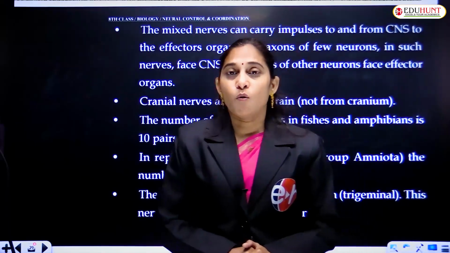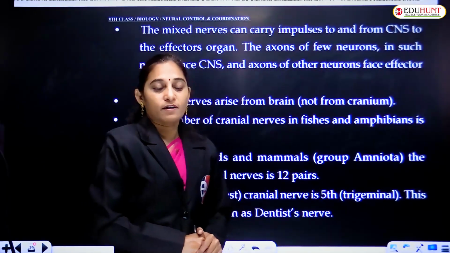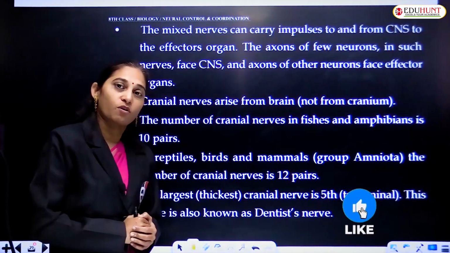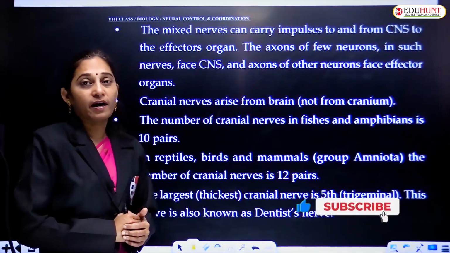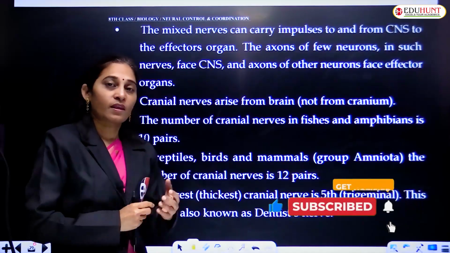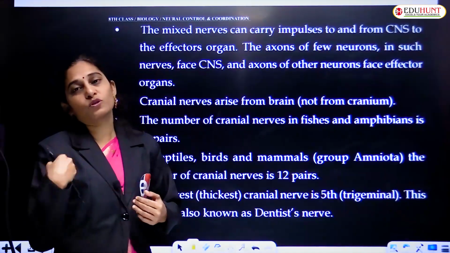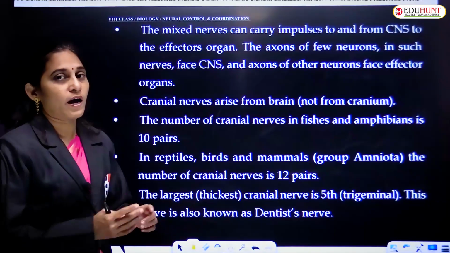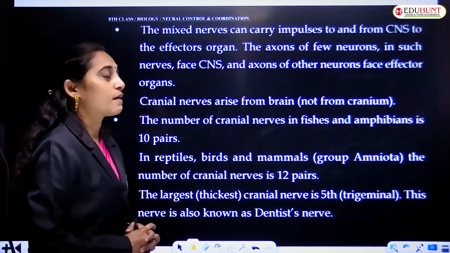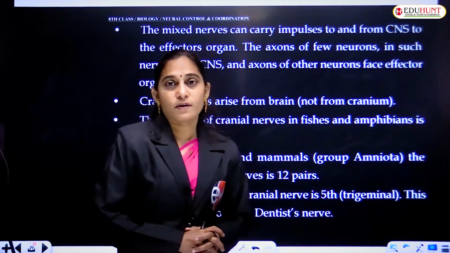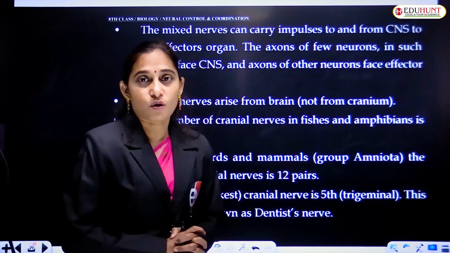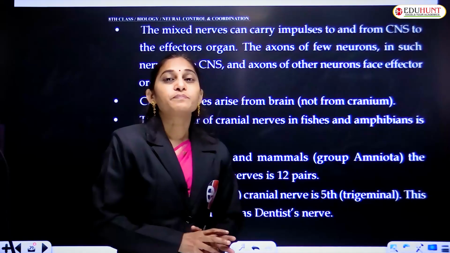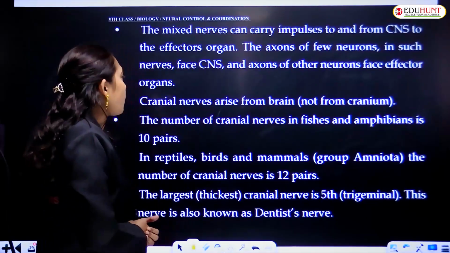But in case of motor nerves, the neurons face the effector organs, and also they carry the impulse from central nervous system to the effector organ. In case of mixed, both to and fro occurs, and some of the axons of the neurons face the central nervous system and the remaining face the effector organs.